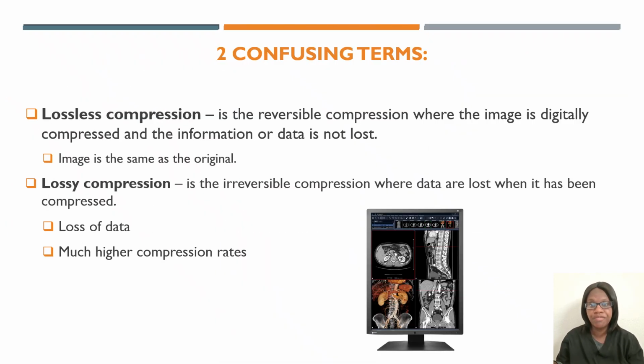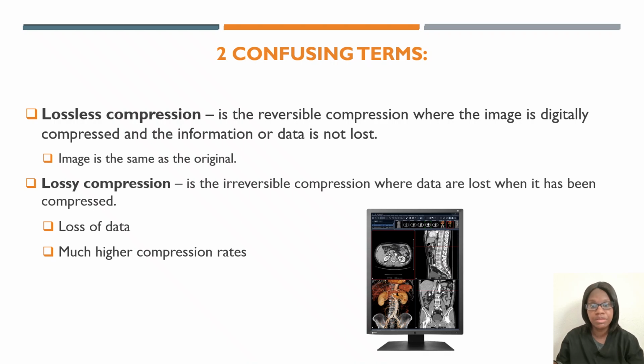Now we have two confusing terms for you all to remember. We have lossless compression. This is the reversible compression where the image is digitally compressed and the information or data is not lost. The image is the same as the original. So whenever this is compressed, the image is the same. Now we have lossy compression.